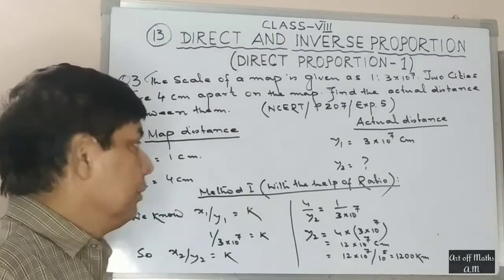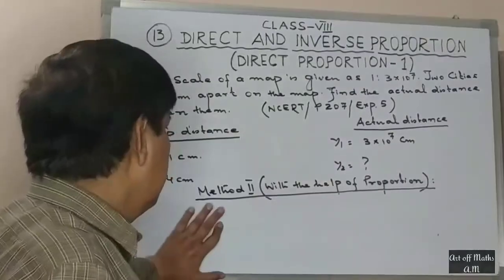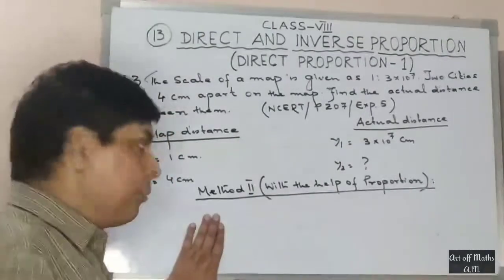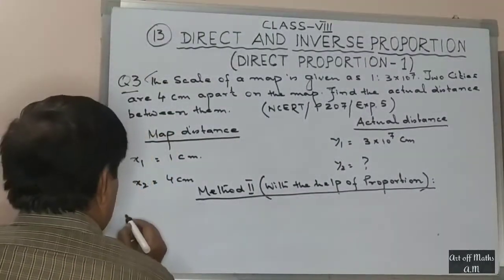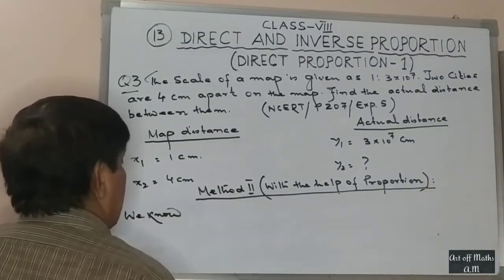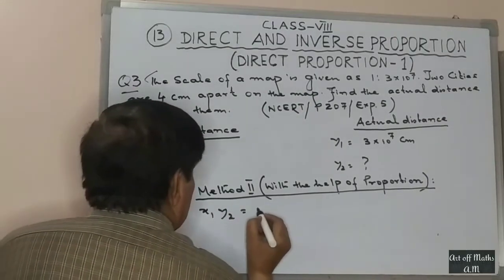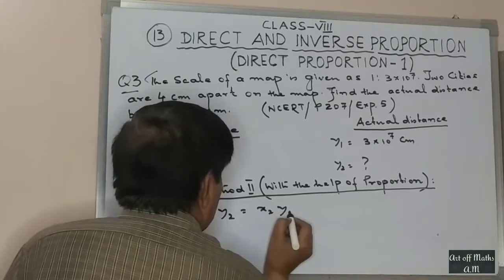Now I am going to solve with the help of proportion. Method 2, with the help of proportion. We know x1 y2 equal to x2 y1.